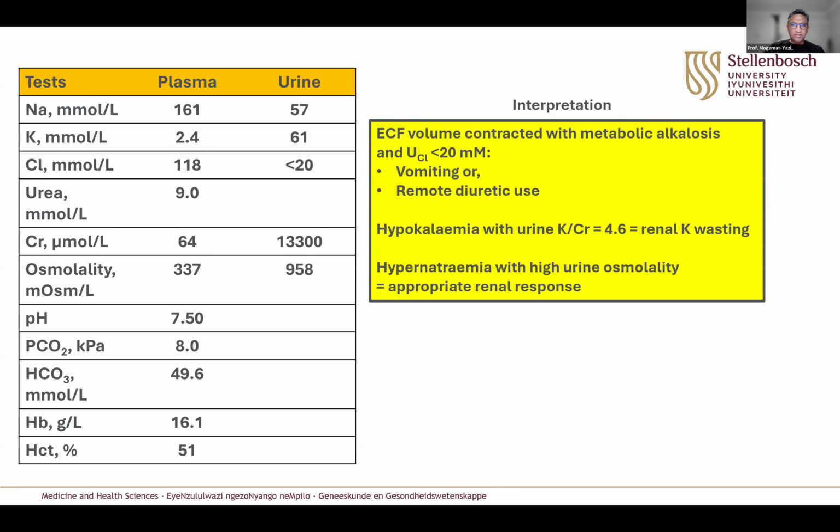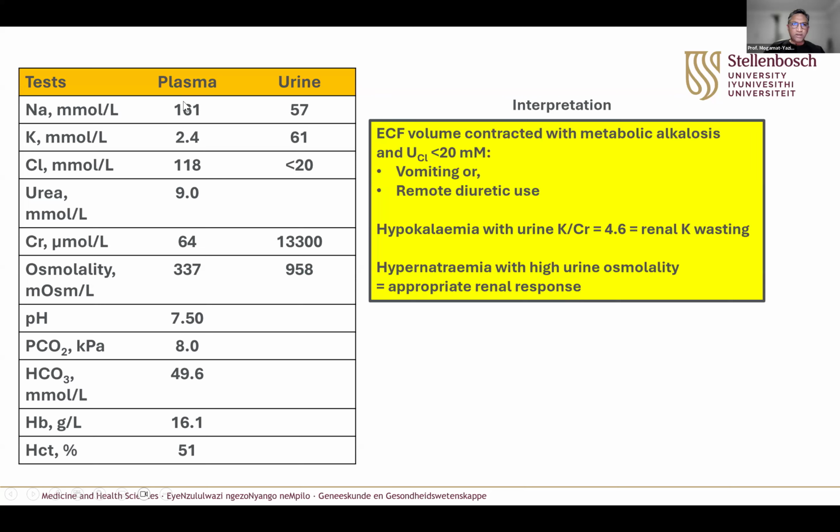So anything in excess of 1.5 really indicates renal potassium wasting, as can be seen in this case. And secondly, the patient had hypernatremia with a high urine osmolality. Hypernatremia of 161 with a high urine osmolality of close to 1,000. This indicated an appropriate renal response to the hypernatremia.